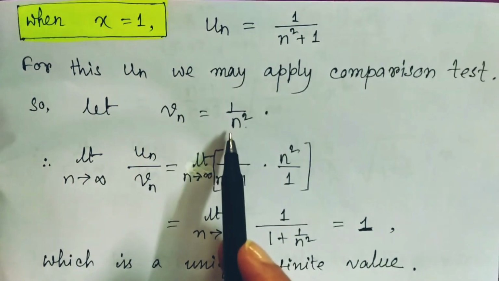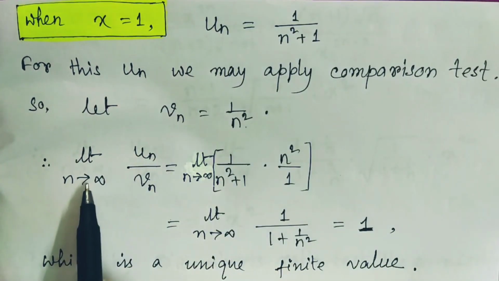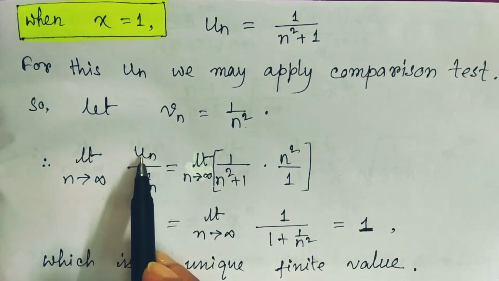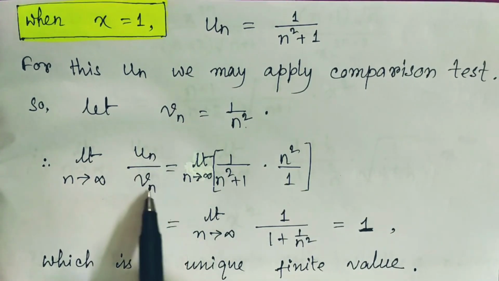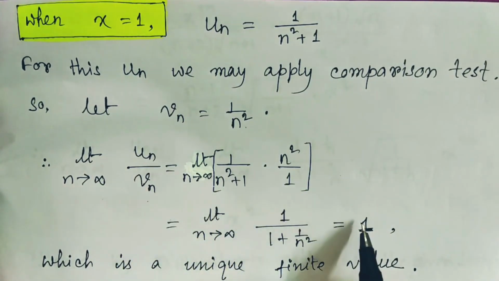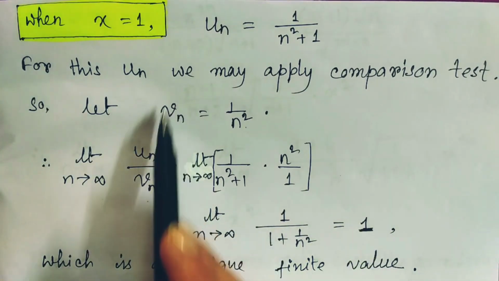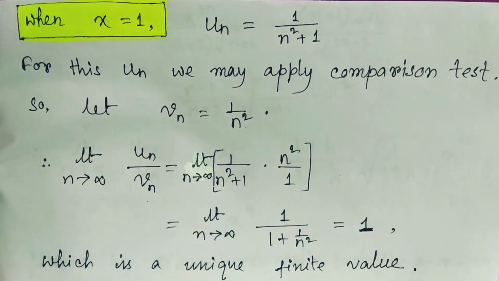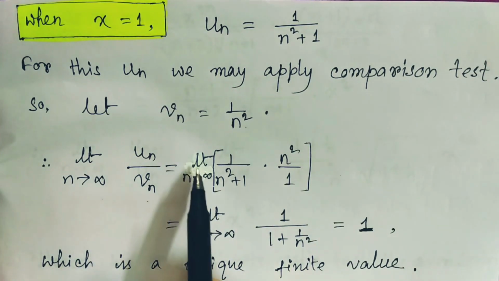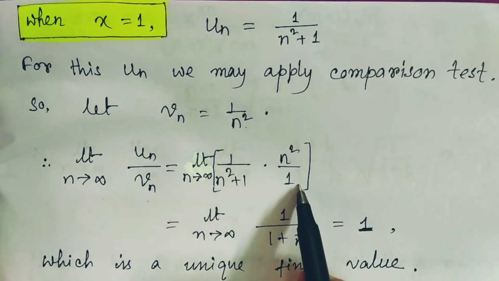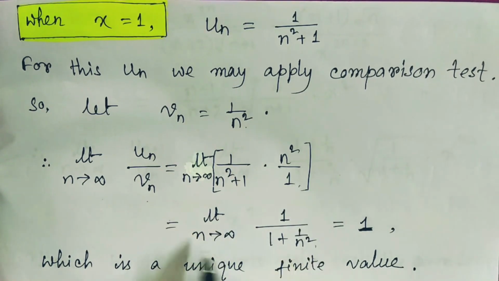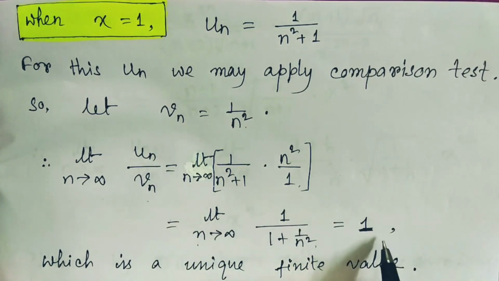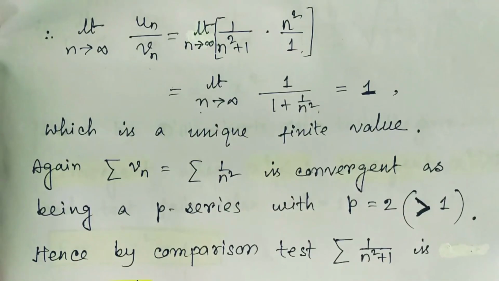Now from the comparison test we know that limit n tends to infinity un by Vn, if it is a finite value, then depending upon Vn, it is convergent or divergent. Here, if we substitute and take the limit, we find the limiting value is 1, which is a unique finite value.